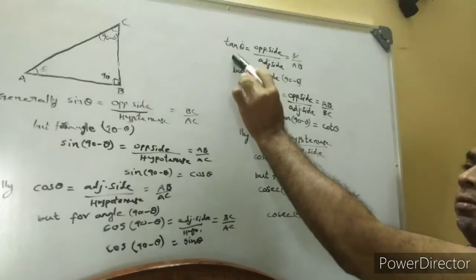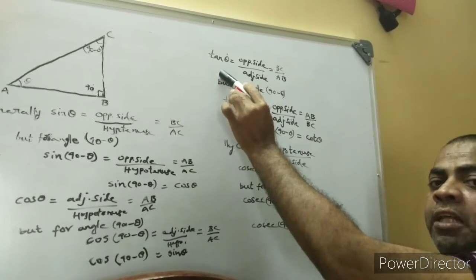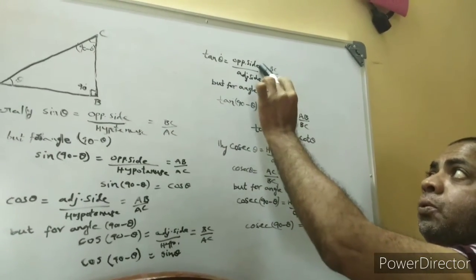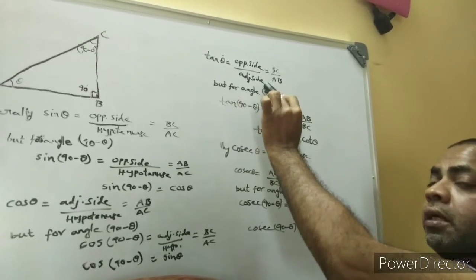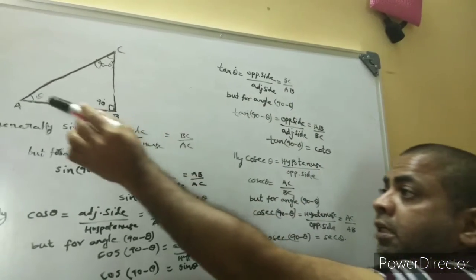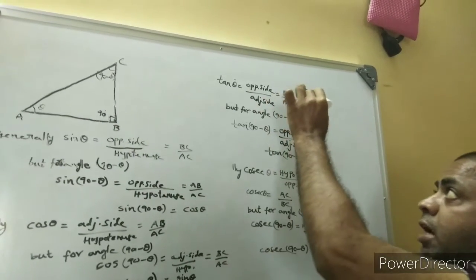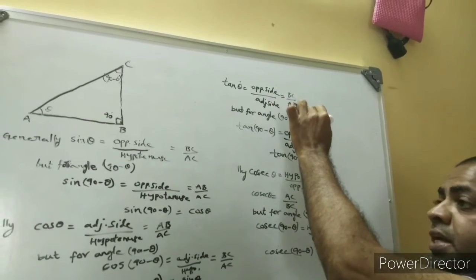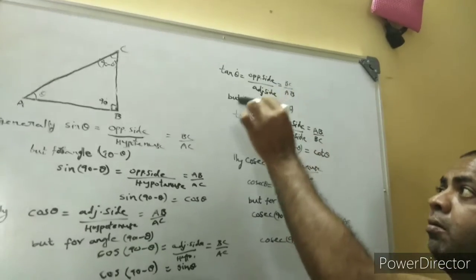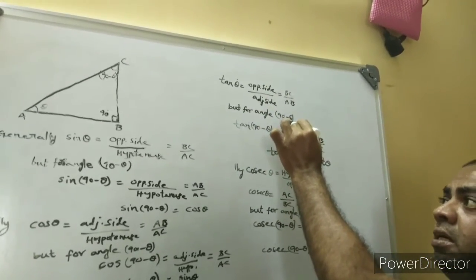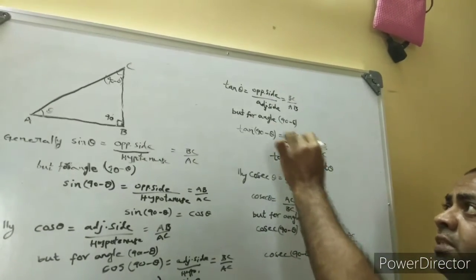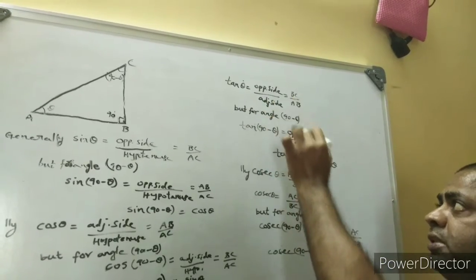What about tan theta? The general definition of tan theta is the opposite side to theta by the adjacent side to theta. For theta, the opposite side is BC and the adjacent side is AB, therefore BC by AB. For the angle 90 minus theta, the formula does not change: opposite side by adjacent side.